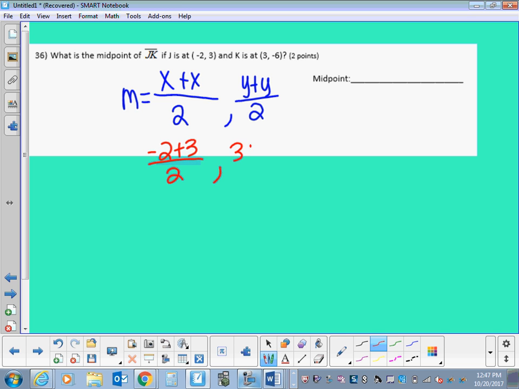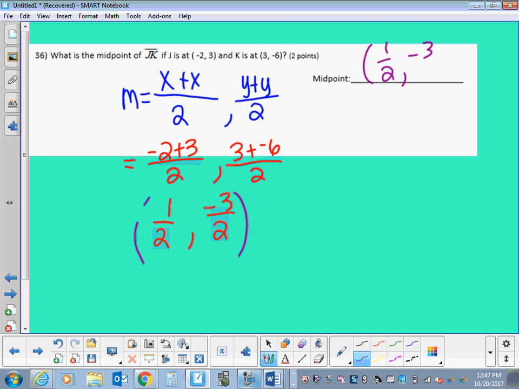My y's, 3 plus -6 divided by 2. What's -2 plus 3? 1. 1 over 2. What's 3 plus -6? -3 over 2. Can I simplify those two fractions? Nope, that's my answer. That's my midpoint. 1/2 over -3 over 2.